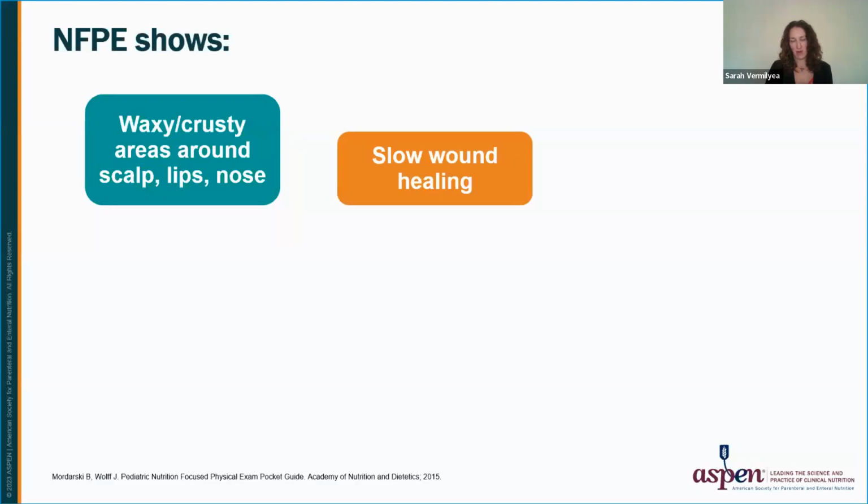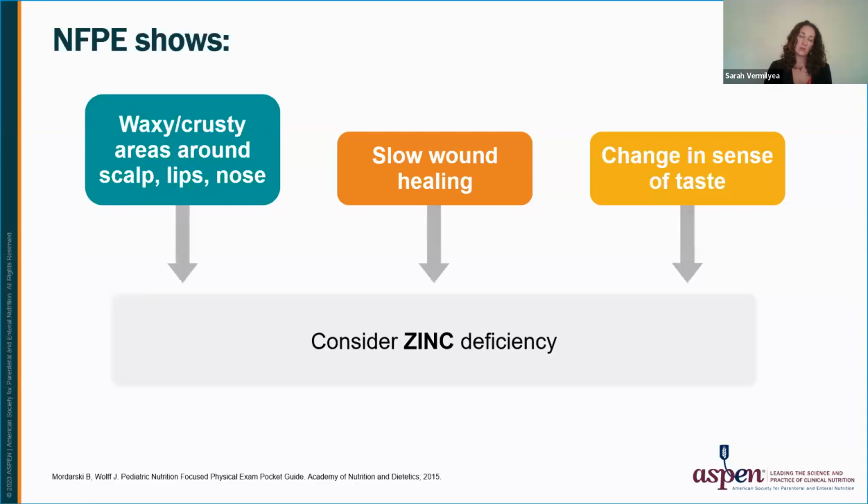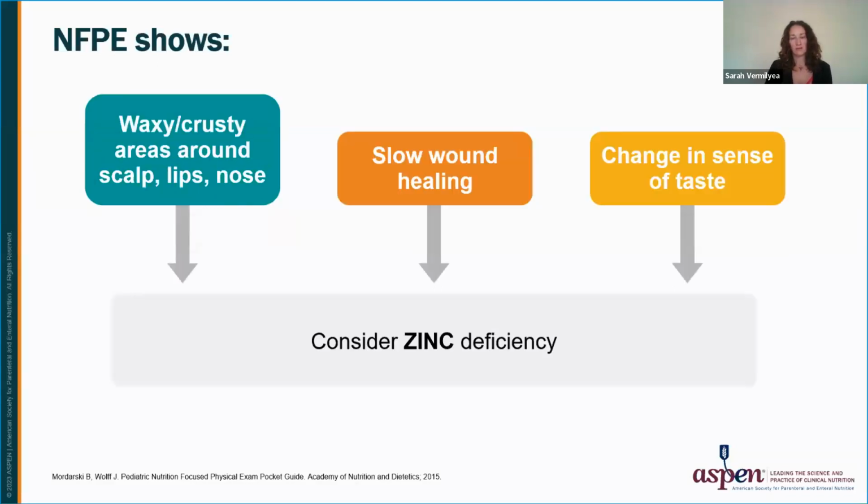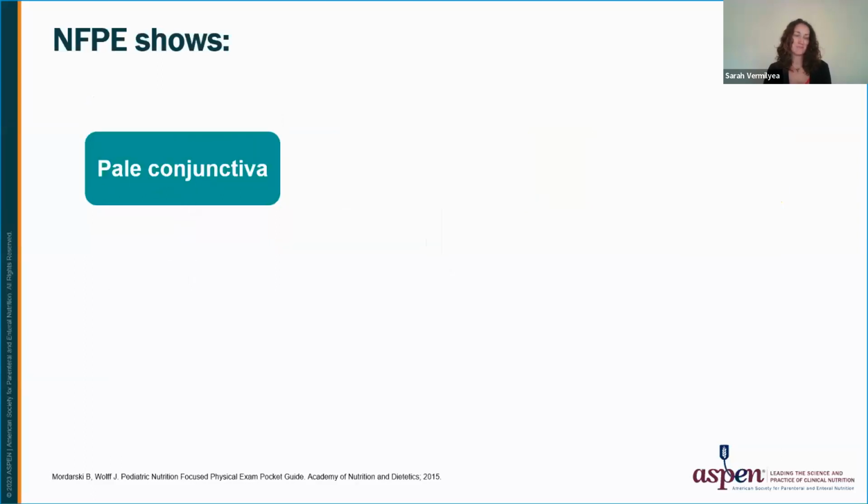If you notice or have reports of slow wound healing or a change in sense of taste, we're considering zinc deficiency. So again, if that makes sense with other information that you know, that's great. You can also reference back to Dr. Algotar's talk about what lab values might be effective and helpful in that. And then you can also then just supplement as you need.